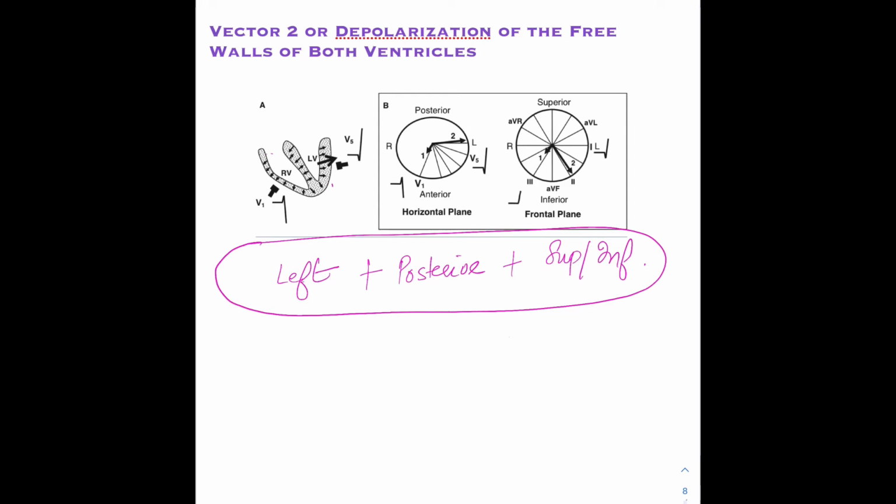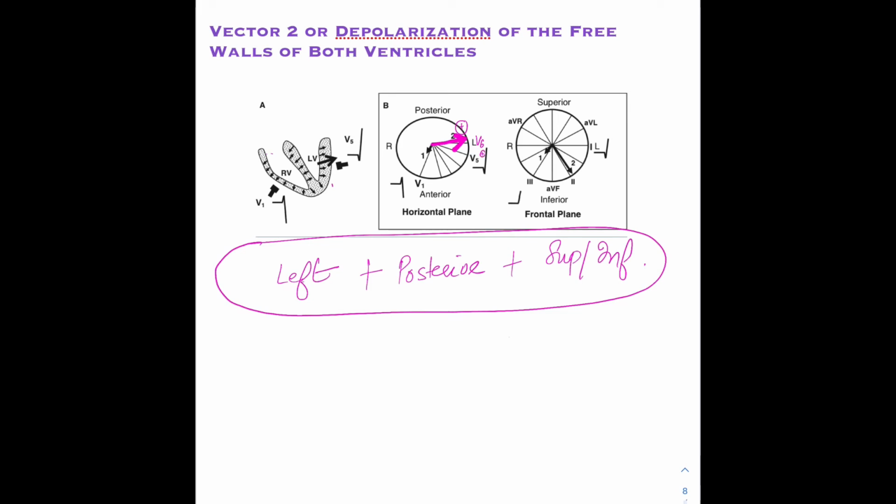Now, if we dissect the vector in the horizontal plane and the frontal plane, you will see that this is the direction of vector 2 here, and it will have a positive deflection in leads V5 and V6, because the positive side of the vector is facing the recording electrodes, which in this case are V5 and V6.